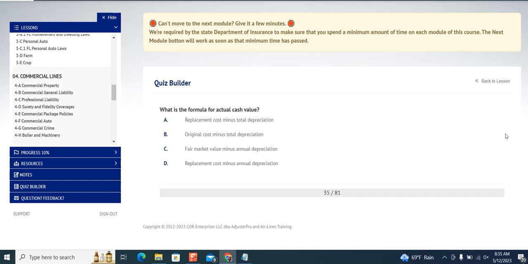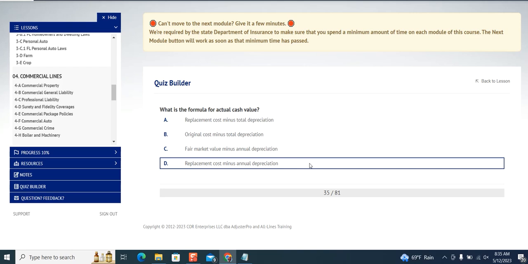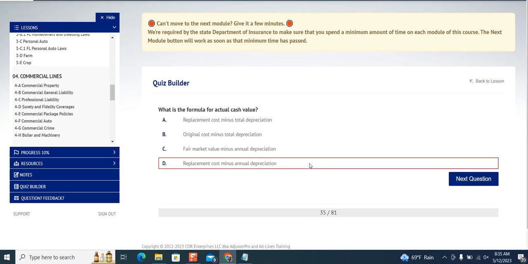What is the formula for actual cash value? Replacement cost minus annual. Oh my God. Wait a minute. What is the formula? Okay, so was it A? Wait a minute. Fair market.